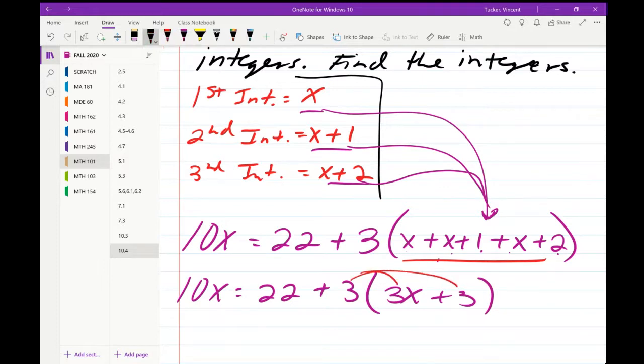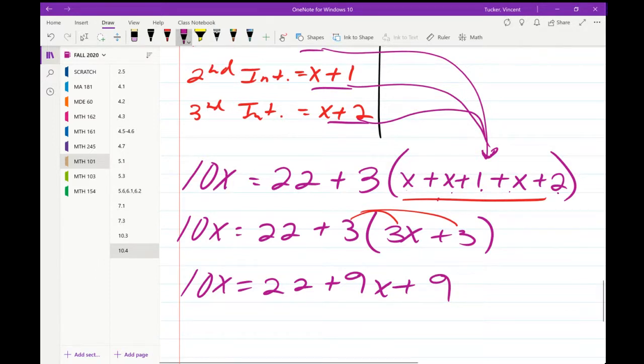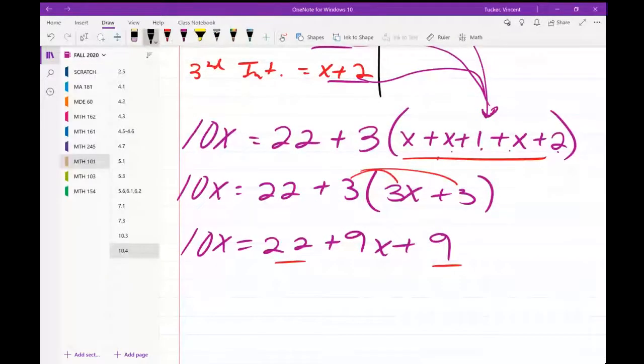Distribute. So that's 9x plus 9. Combine these like terms of 22 and 9.